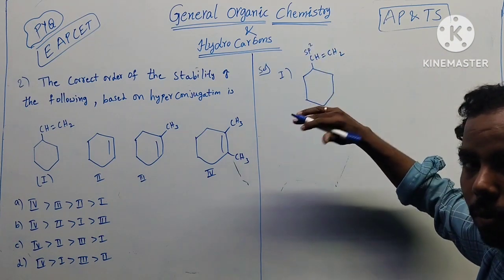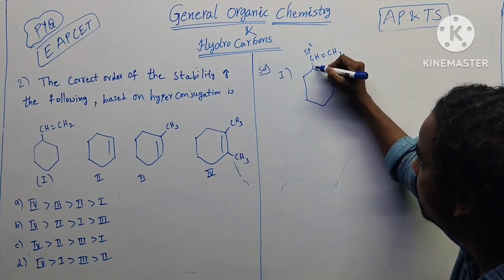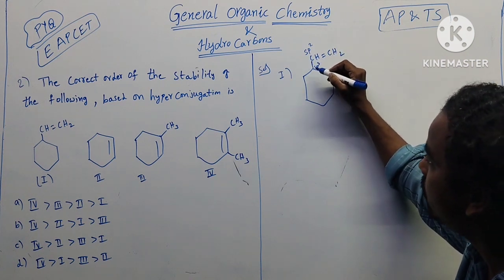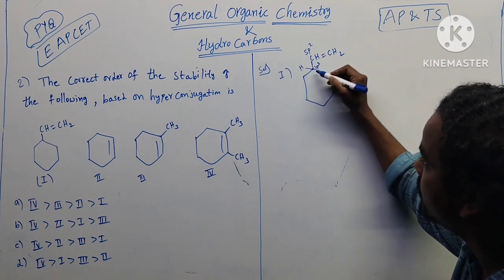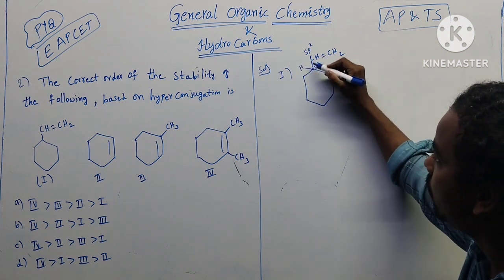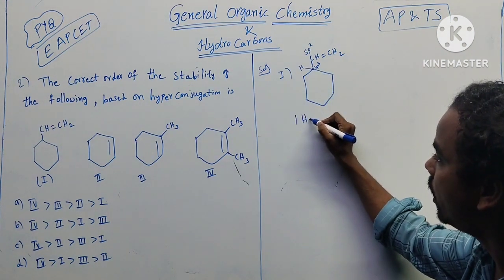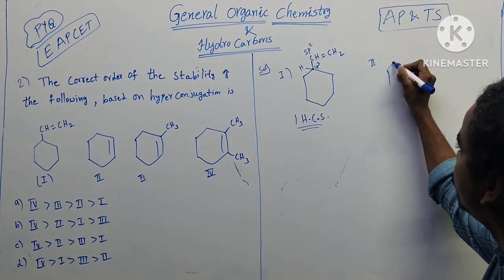The sp3 carbon attached to the sp2 carbon has only one hydrogen, because 3 bonds are already there and the fourth bond is hydrogen. So it gives one hyperconjugative structure.